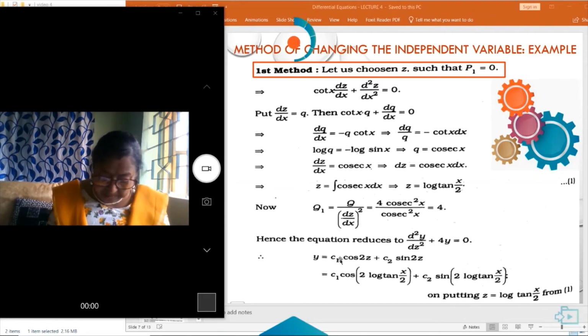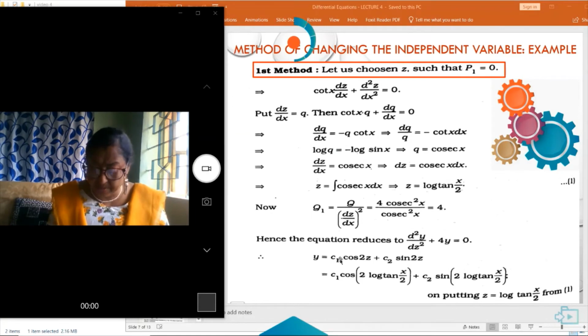Then we can solve this type of differential equation by putting y is equal to c1 cos 2z plus c2 sin 2z, and after calculating and putting z is equal to log of tan of x by 2, we get the result.